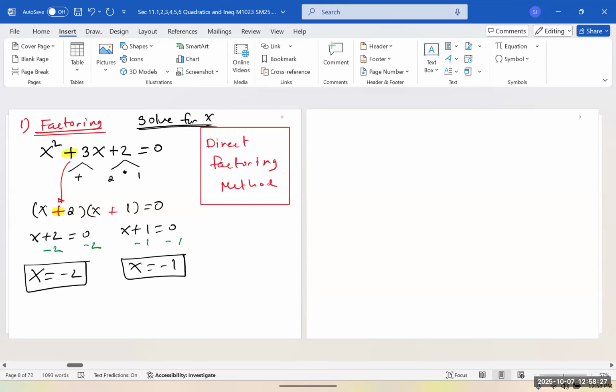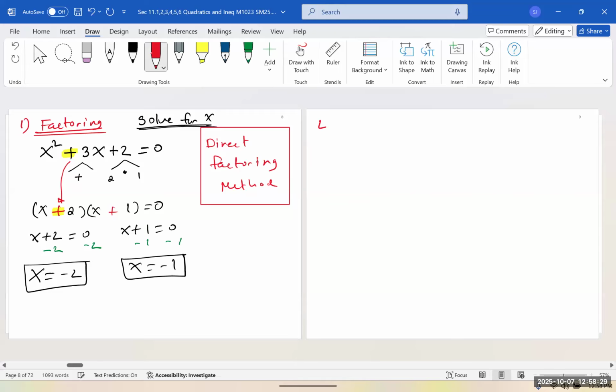For example, if we have 2x squared minus 5x minus 3 equals 0.